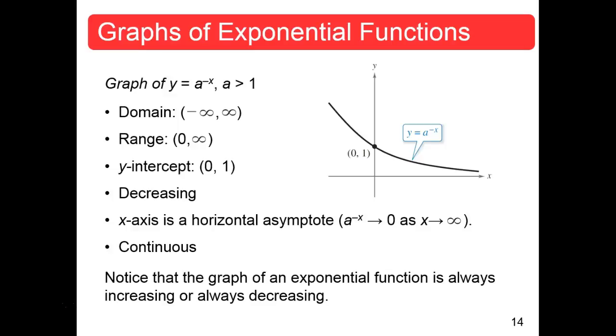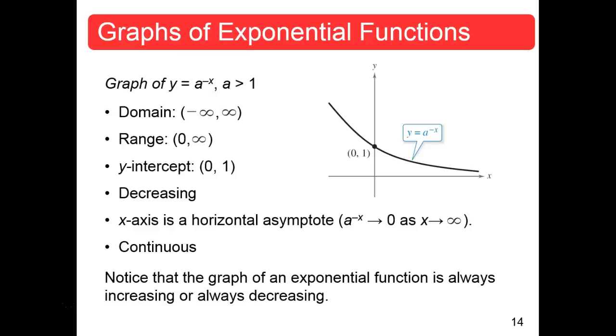Now, what if it's a to the minus x? Again, a being greater than 1. A can't be equal to 1, so greater than 1. Well, guess what the domain is? All real numbers. Exponentials always are. How about its range? Approaching 0, from 0 up, but not counting 0. Y-intercept? 0, 1. X-intercept? None.